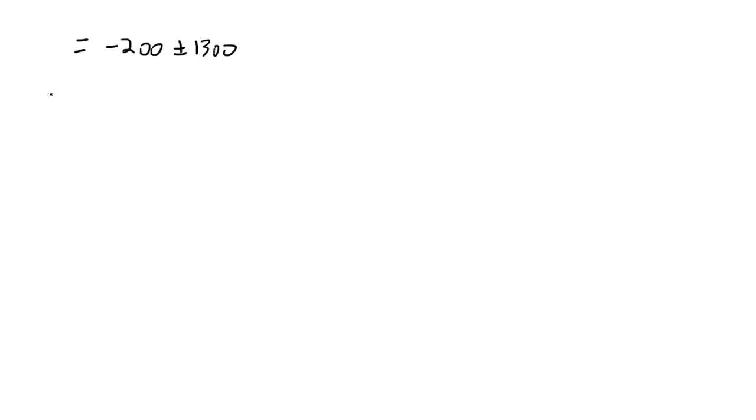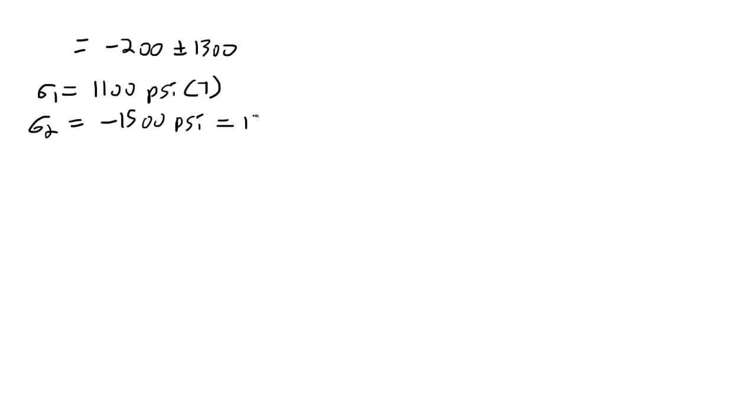So we find then that sigma 1 is 1100 psi tension, and sigma 2 is equal to negative 1500 psi, which is 1500 psi compression. T, if you can't read my terrible handwriting.